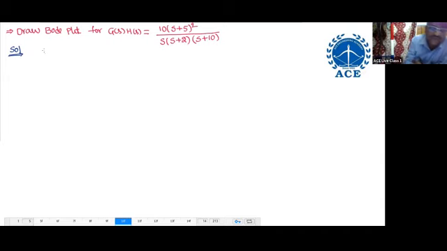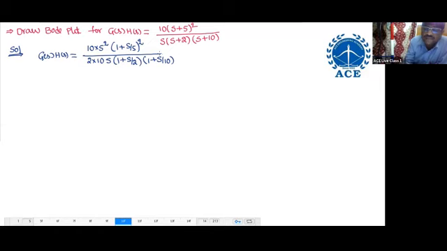Come on. G(s)H(s) equal to, what is the time constant form? Tell. 10 into, I can take 5 square common, (1 plus s by 5) whole square, divided by 2 into 10, s into (1 plus s by 2) (1 plus s by 10). 10, 10 cancel.